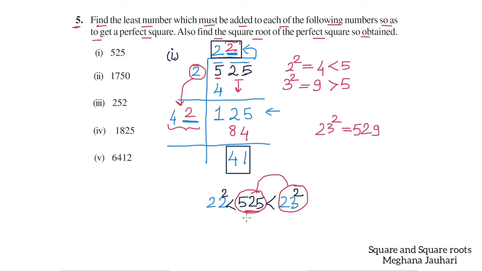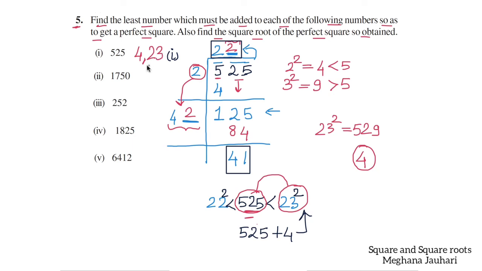So the difference between 23 square and 525 is 4. It means that 4 is the least number which must be added to 525 to make it the square of 23, right? So 525 plus 4 gives you 529, which is the square of 23, and we can say that the square root of the perfect square so obtained is 23.